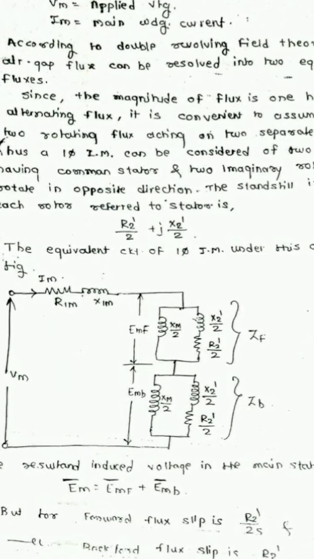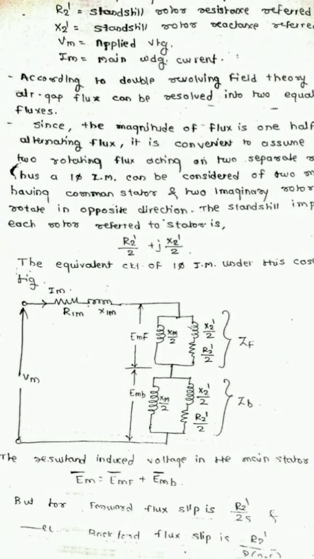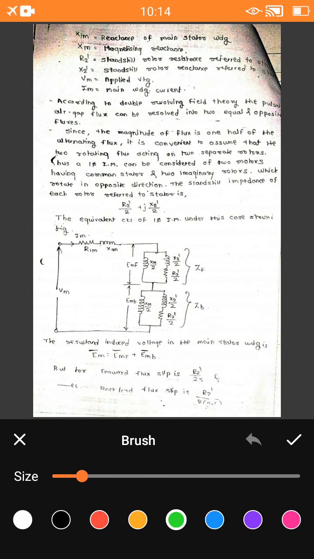In this equivalent circuit, Vm is the applied voltage, Im is the main winding current, R1M is the stator winding resistance, and X1M is the stator winding reactance. The mutual reactance is now divided into two parts, the first part XM by 2 and the second part XM by 2.